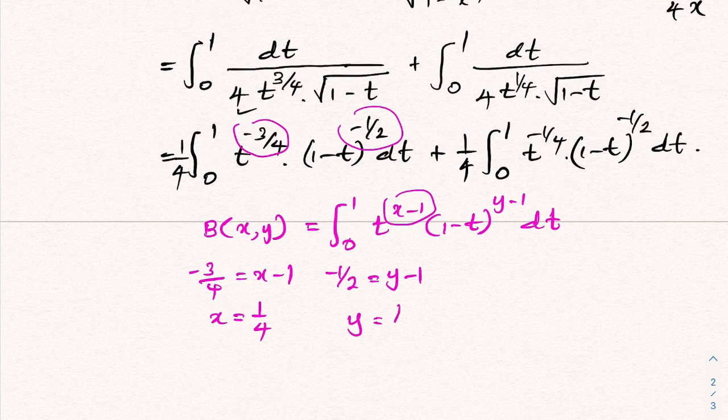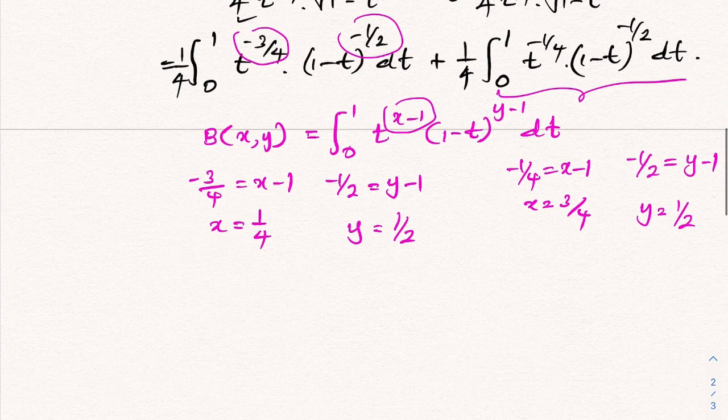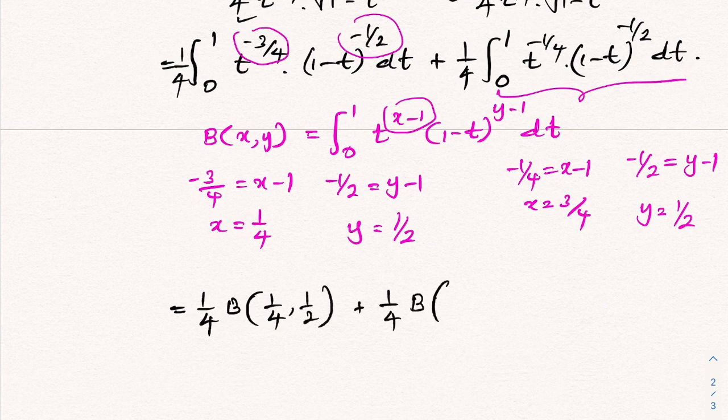Therefore y is equal to 1 half. Now for this integral, minus 1 over 4 is equal to x minus 1. Then x is equal to 3 over 4. Also minus 1 half is equal to y minus 1. Then y is equal to 1 half. Therefore our integral, by using the beta function, is equal to 1 over 4 beta of 1 over 4 comma 1 half plus 1 over 4 times beta of 3 over 4 comma 1 half.